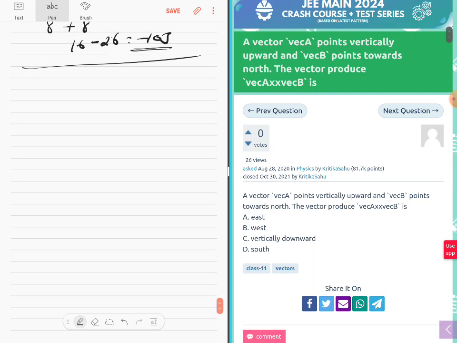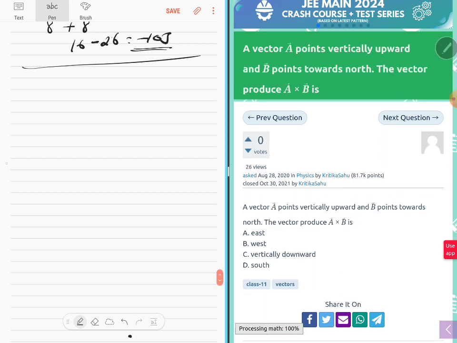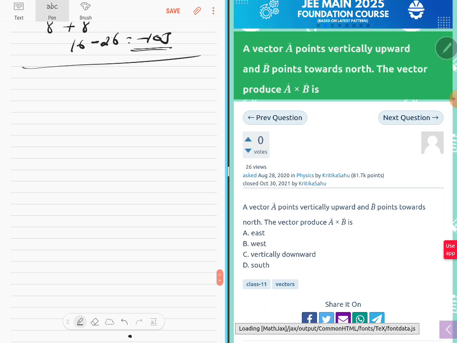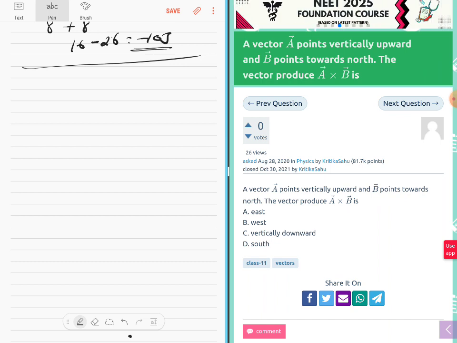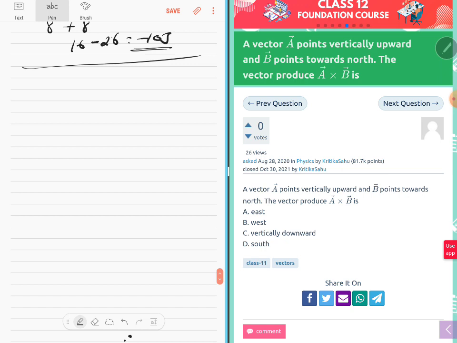Next question is: a vector A points vertically upward and vector B towards north. The vector product A cross B is? Okay. So when you cross two vectors, you'll get a vector perpendicular to both of them.